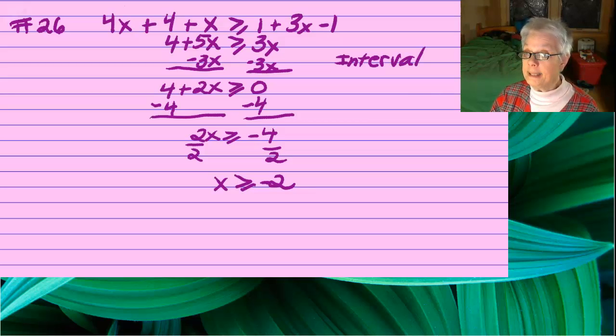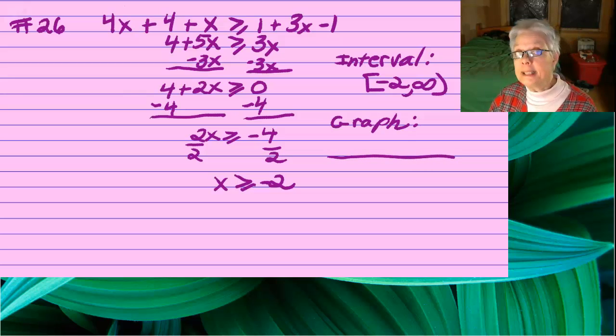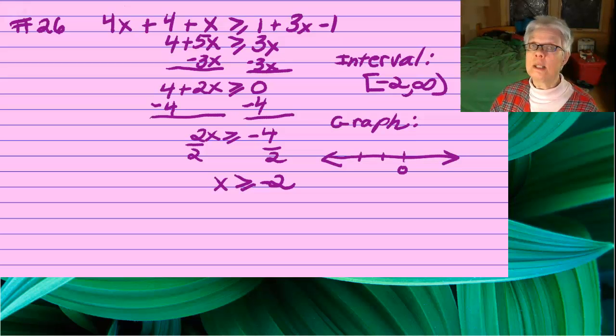Another way to say this is that x can be any number to the right of negative 2 or negative 2 itself. The sign greater than or equal to always takes a bracket. The solution interval starts at negative 2 because negative 2 is on the left, and then it extends forever to the right. Infinity never takes a parenthesis, it always takes a bracket.